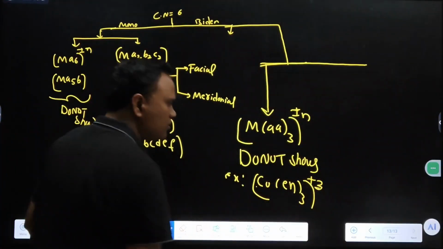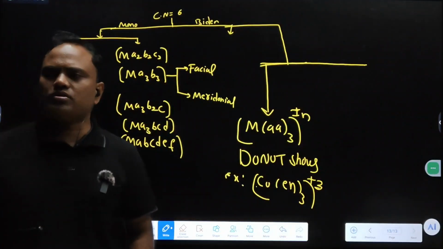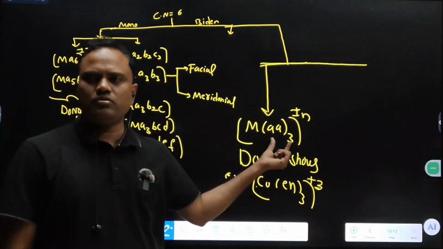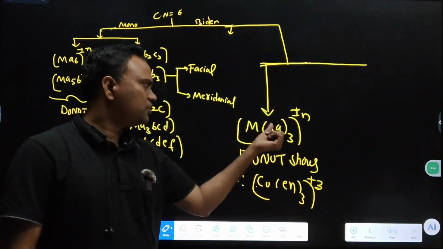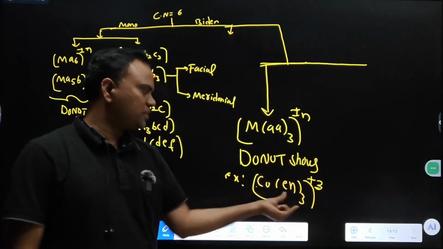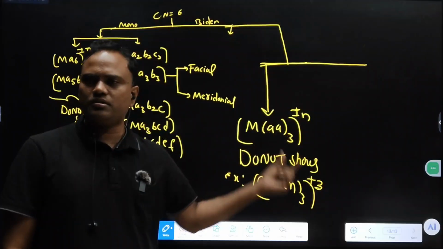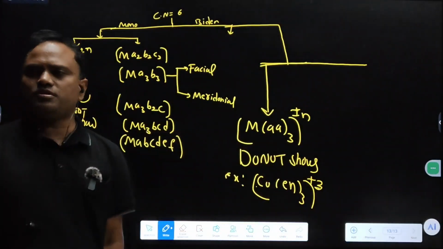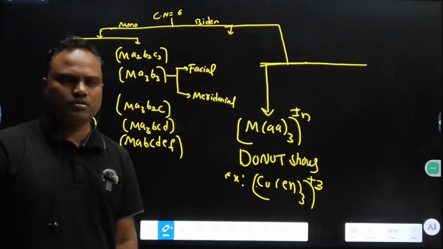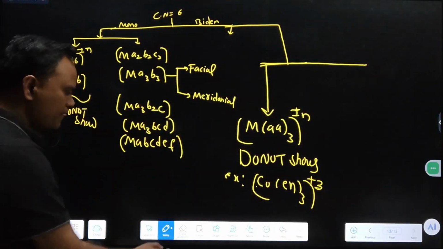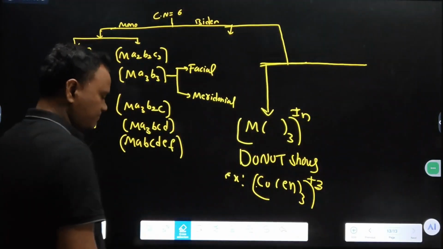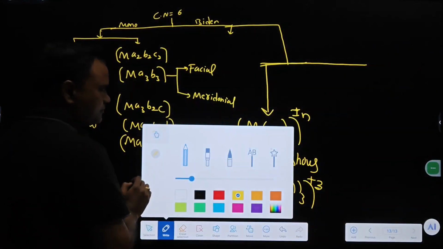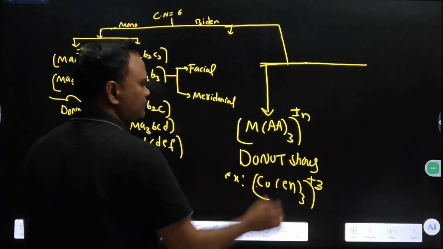Nitrogens. So this ethylene diamine is an example for this. AA represents two similar donor atoms. Sorry, use capital letters. A. Okay.